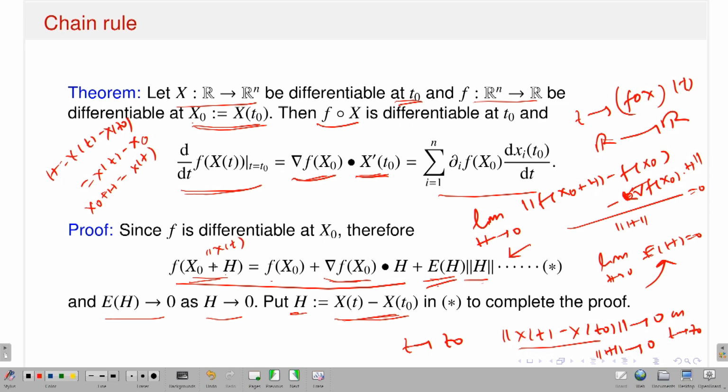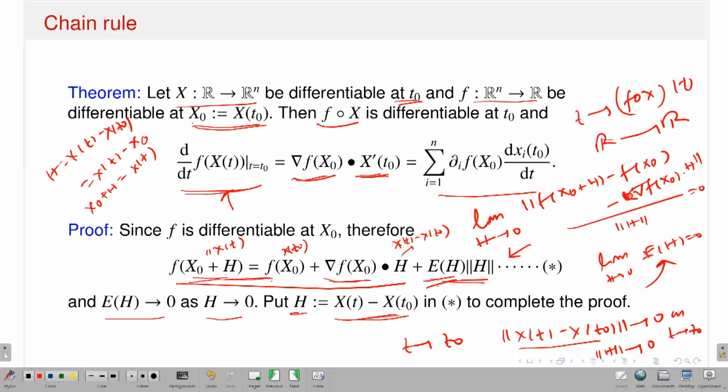So this is f of x(t) minus f of x(t naught), and then you take the limit as t approaches t naught. This gives you the derivative d/dt of f of x(t) at t equal to t naught. The error term goes to 0 because f is differentiable at the point x naught, which is x(t naught): as t goes to t naught, x(t) minus x(t naught) goes to 0, so the norm of h goes to 0.